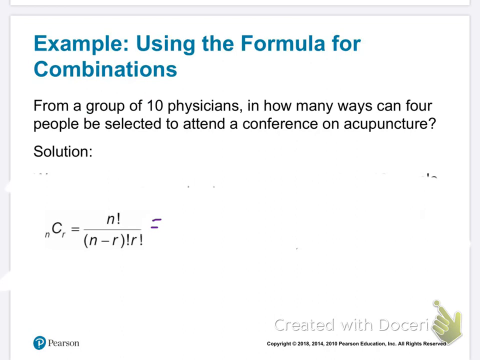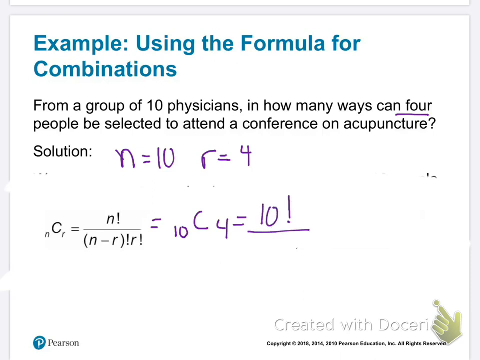Okay, so from a group of 10 physicians, how many ways can 4 people be selected to attend a conference on acupuncture? So our total is n, and out of those n, we are choosing r, and that is 4. So we have 10 choose 4, which is 10 factorial over 10 minus 4 factorial times 4 factorial. This gives me 10 factorial over 6 factorial times 4 factorial.